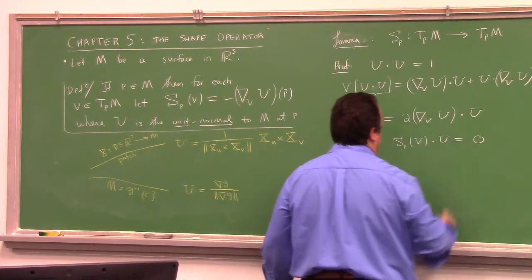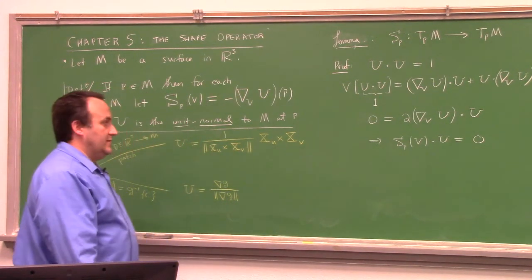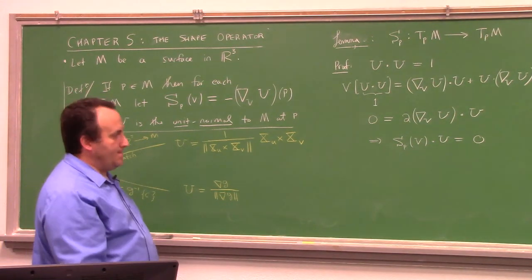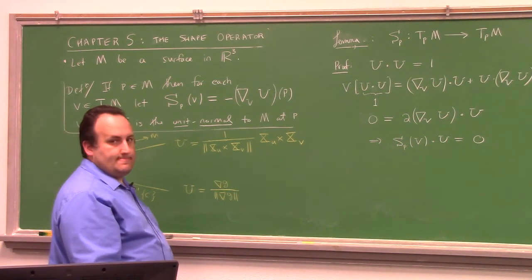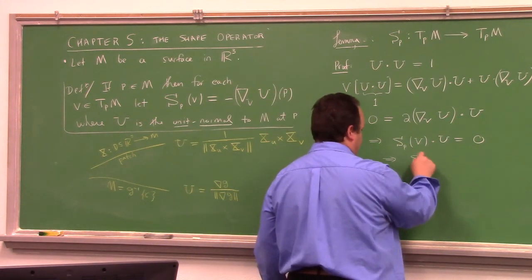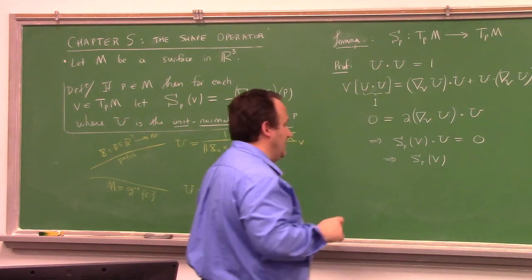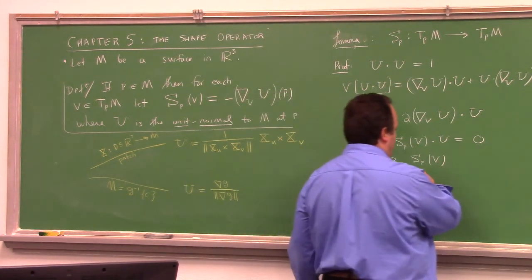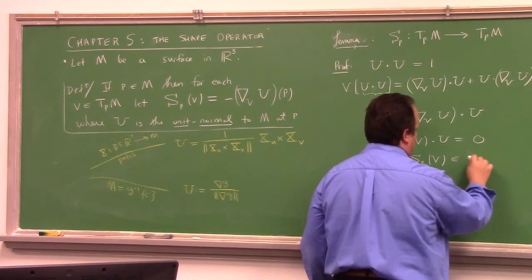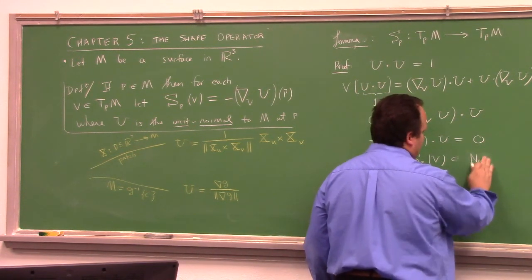What's that say? It says that the shape operator applied to v is an element of the perp, the perp to the span of the normal space to M at P.